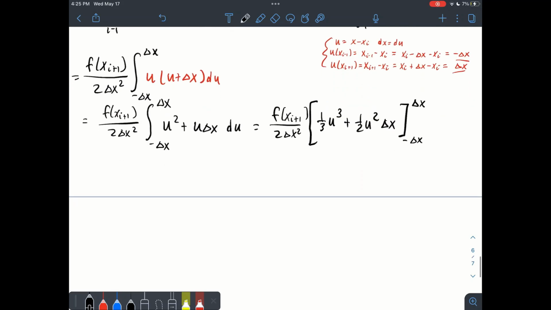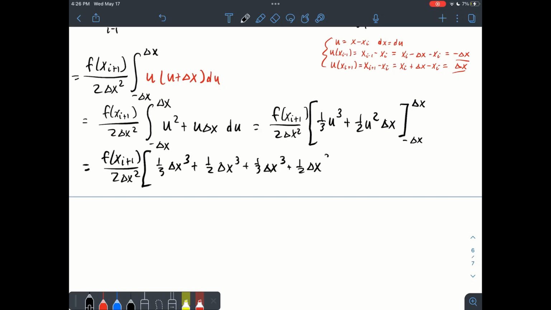Okay, so our last integral, right? We have f of xi plus 1 over 2 delta x squared times 1/3 delta x cubed plus 1/2 delta x cubed plus 1/3 delta x cubed and then minus, but it's actually plus 1/2 delta x cubed.